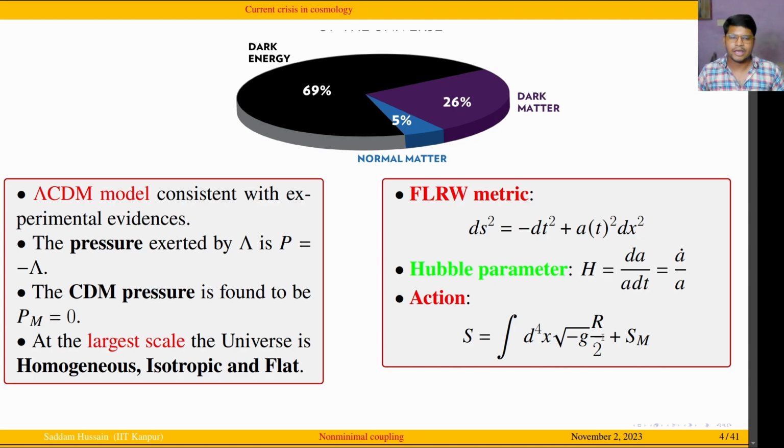So what happens is that you have a curvature which is giving you the effect of gravity, and you are just adding some matter onto it. The thing is that they talk gravitationally, but these matter components are not talking to each other. So this kind of adding is called a minimal coupling.